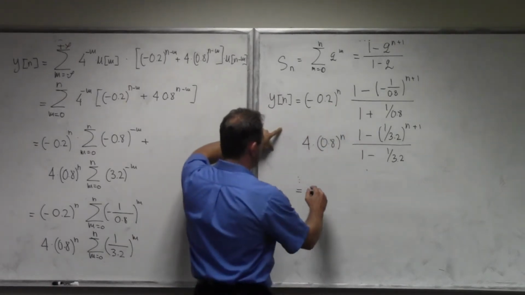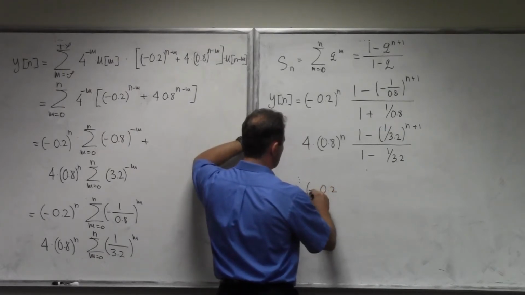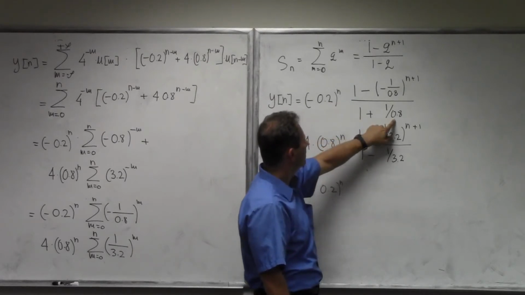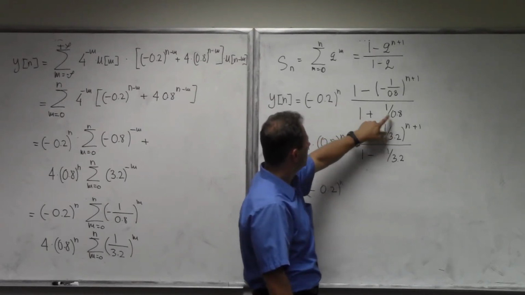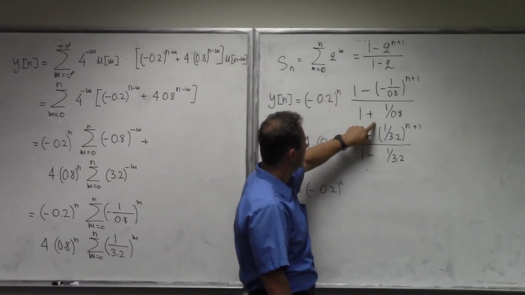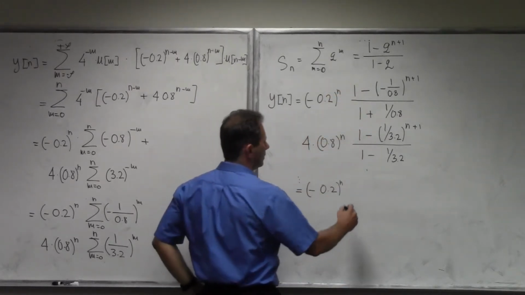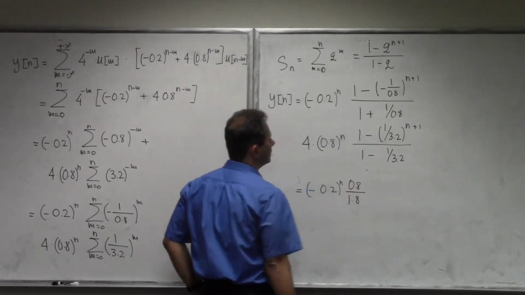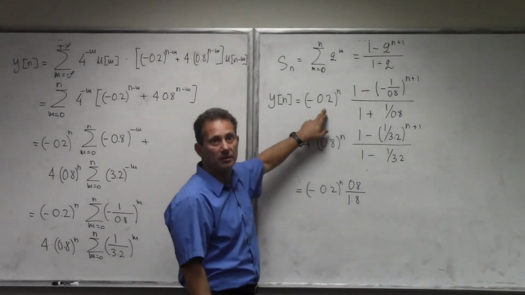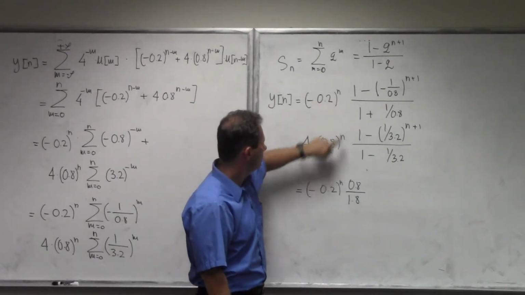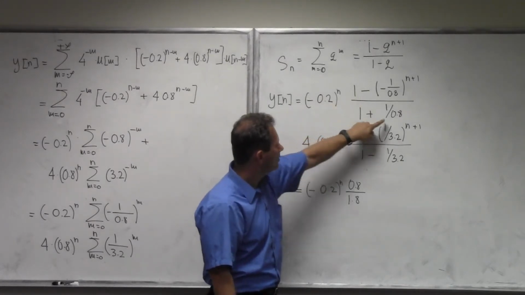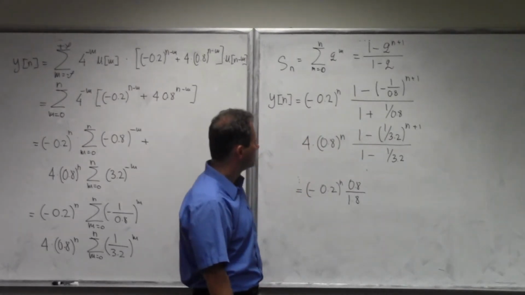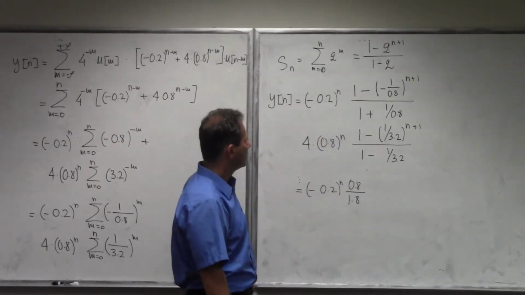So this first one becomes 0.2 to the n, and then we have 1 plus 0.8. So if I multiply top and bottom by 0.8, I have 0.8 divided by 1.8, so upstairs 0.8 and downstairs 1.8. That's the first term here. For this one, this is minus 0.2 to the n, and then I have 1 over 1 plus 1 over 0.8. So if you multiply top and bottom, you get 0.8 upstairs and 1.8 downstairs.